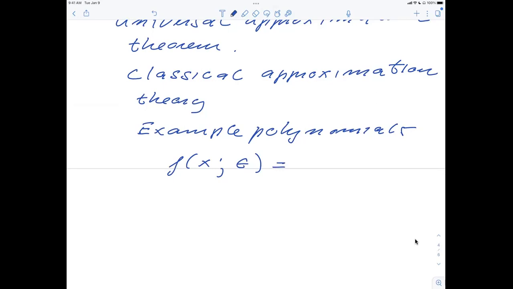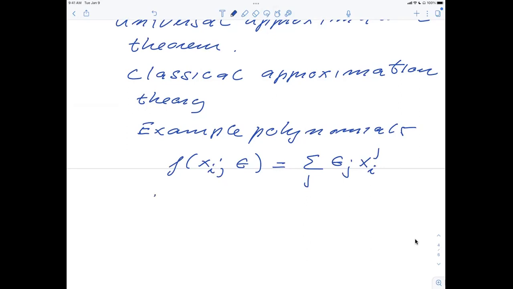So we could have a polynomial of infinite degree. So we would have a sum over j. We would have this parameter theta j, like we did in the first project with linear regression. And then we would have x of i, the specific variable, to the power of j. So in principle, there is no upper bound on the polynomial.